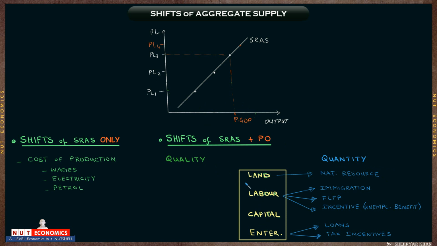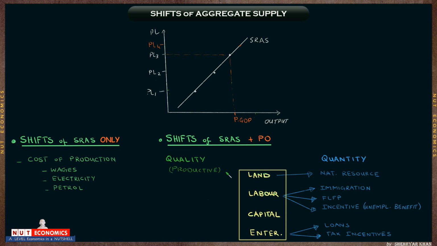Now, as far as the quality of resources is concerned, when the quality of resources improves, that in turn means that your resources become more productive. Their productivity increases. Now, productivity formally is defined as the amount of output that a resource can produce in any given period of time. So the easiest way to understand productivity is to think about a worker, a laborer.